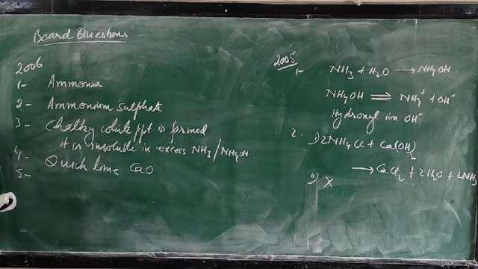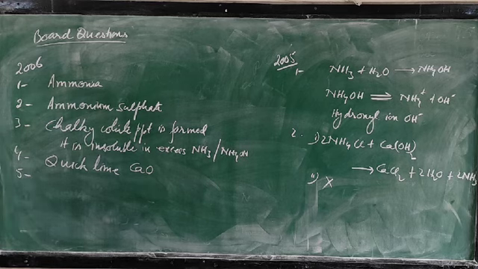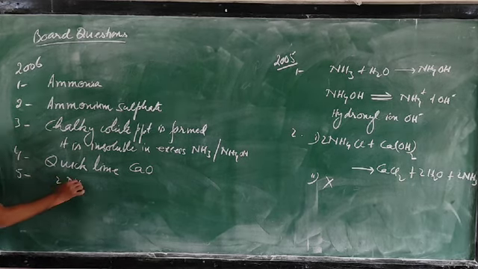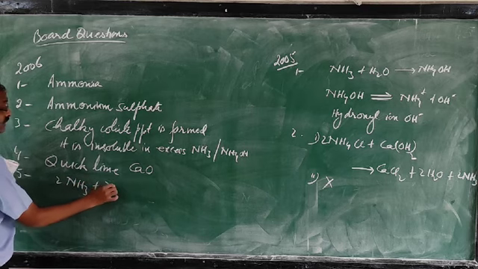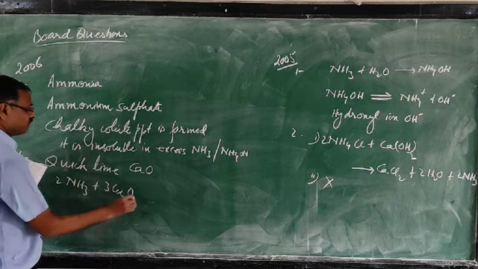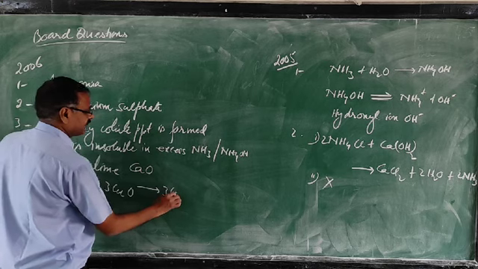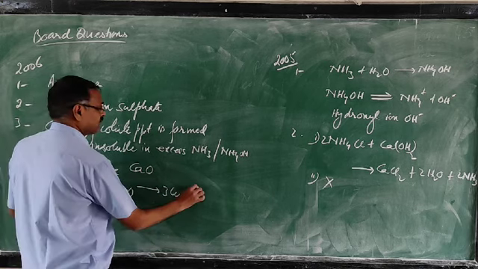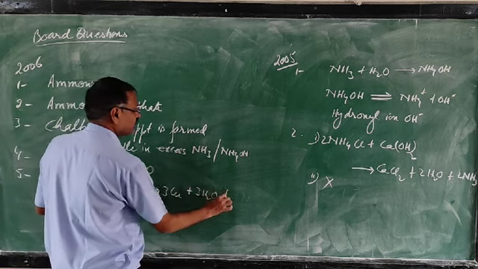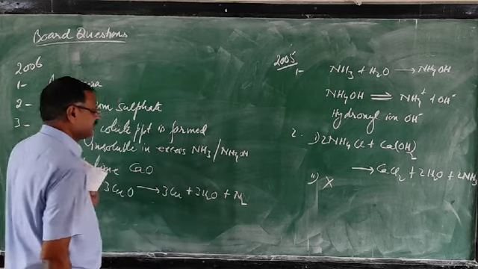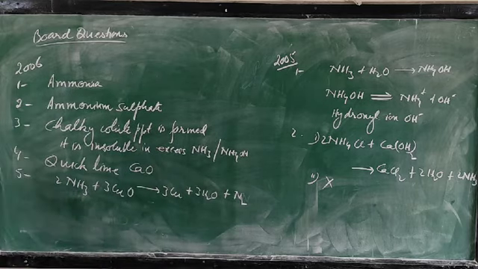Then fifth one is write a balanced chemical equation to illustrate the reducing nature of ammonia. So this is also very important. 2NH3 plus 3CuO gives 3Cu, 3H2O plus N2. In this reaction, ammonia is showing reducing nature.